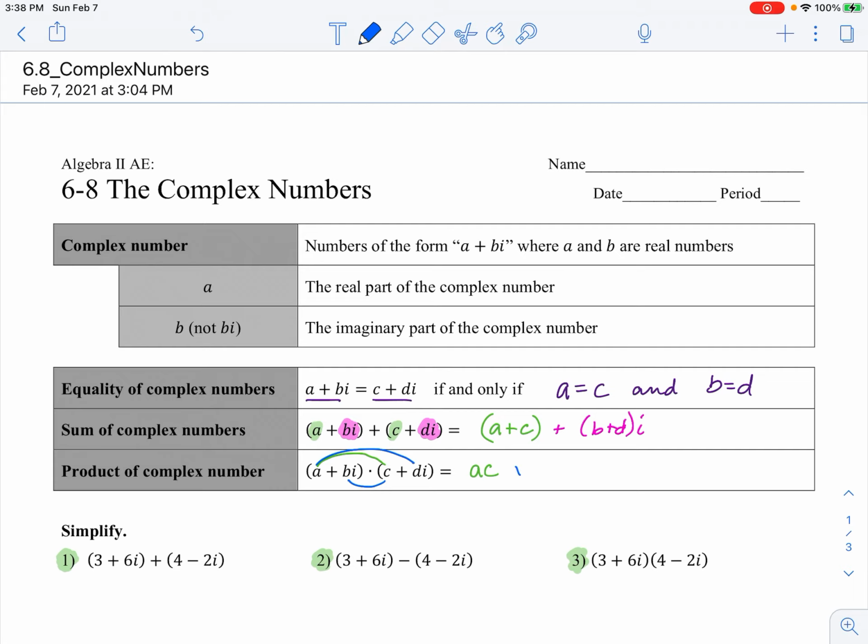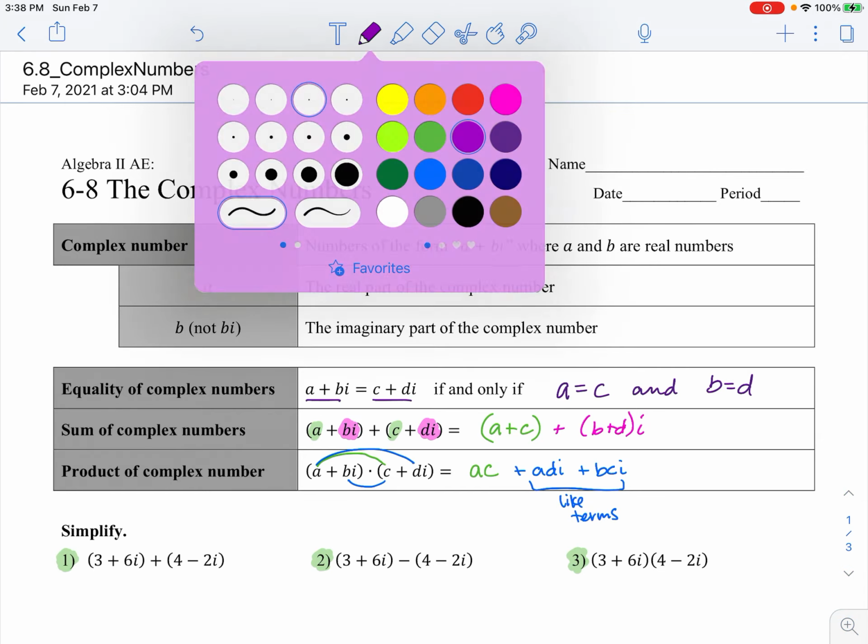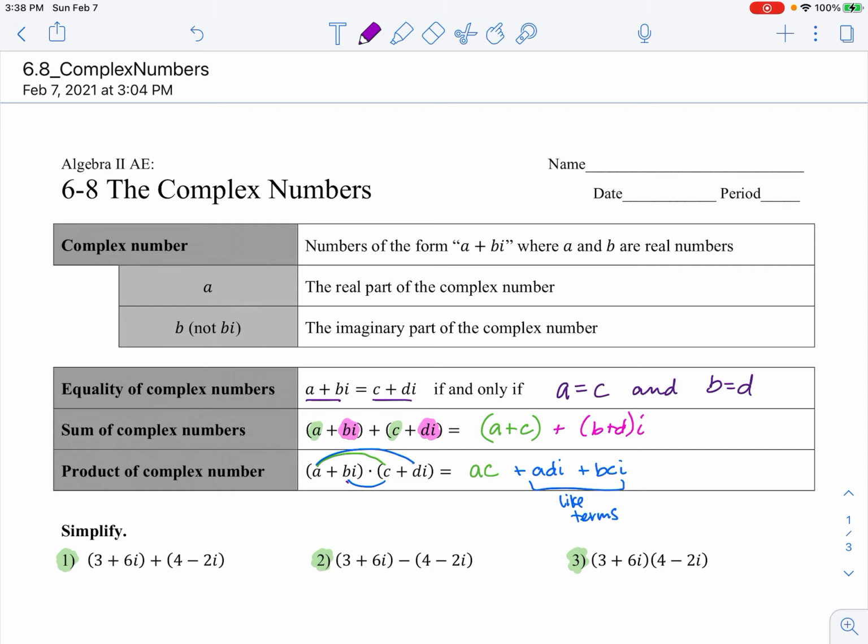So we'll have adi, and then we'll have bci, which again are going to be like terms here. And then I generally, when I'm doing this, will write it out, just because I know I'll make mistakes otherwise. But when I multiply, I get b times d times i squared.